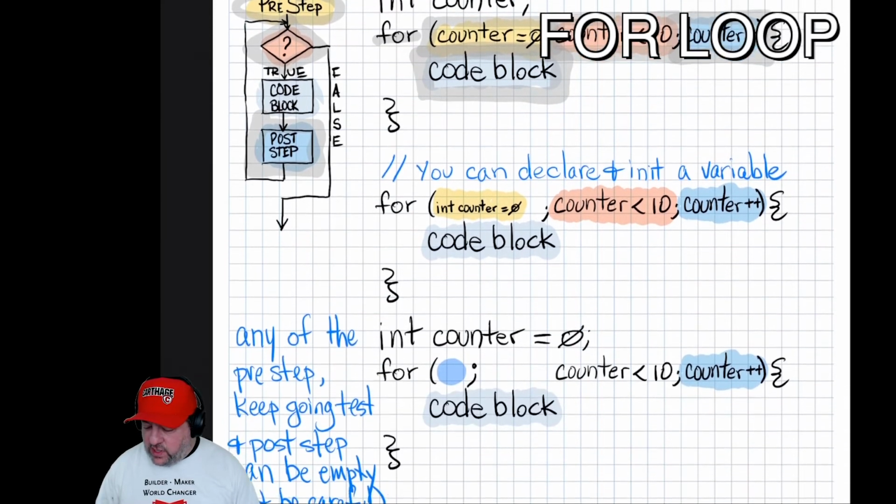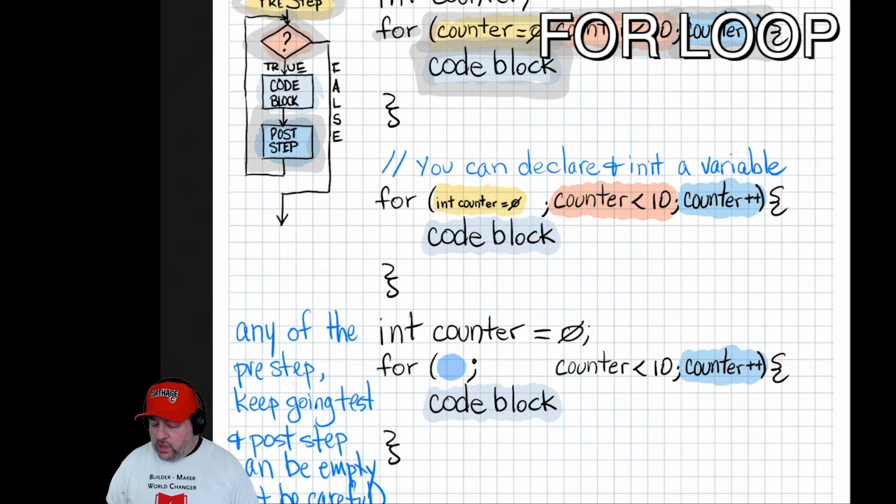Compare that to the second example, where the integer counter is declared right in the pre-step. Now this is kind of handy in that the variable declared right in the pre-step is known only within the context of this for loop.